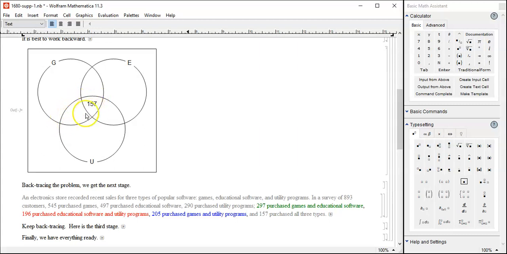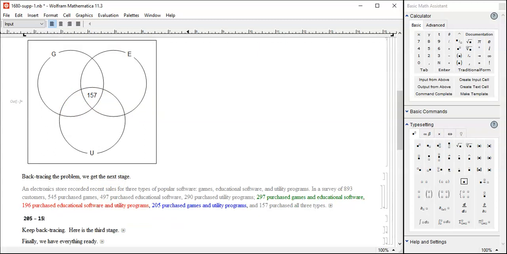I'm running the mouse around. 157 already here. So that part will be what? 205 minus 157. So there are only 48 people here. The total is 205. 157 is here. Here, 48. Make sense?